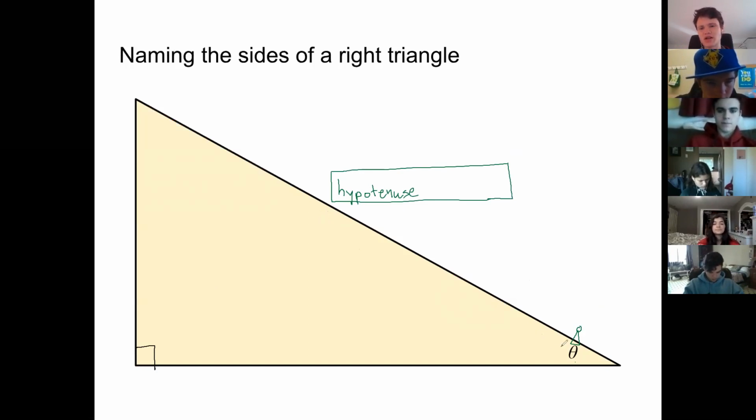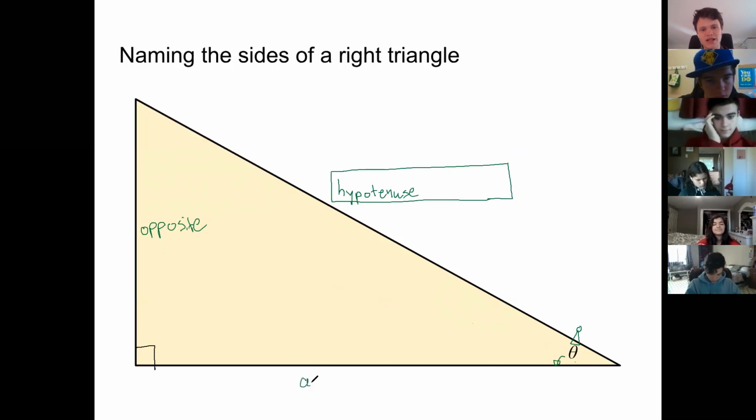If you imagine our star of the show, theta, having to walk across a triangle, he would get to this opposite side, and that's what we call this one. We call this one opposite. And then if you imagine this theta could reach out his hand and touch this one, he's right next to it.